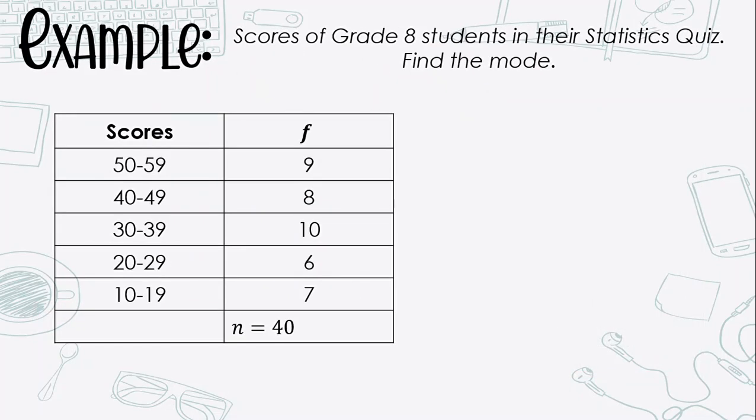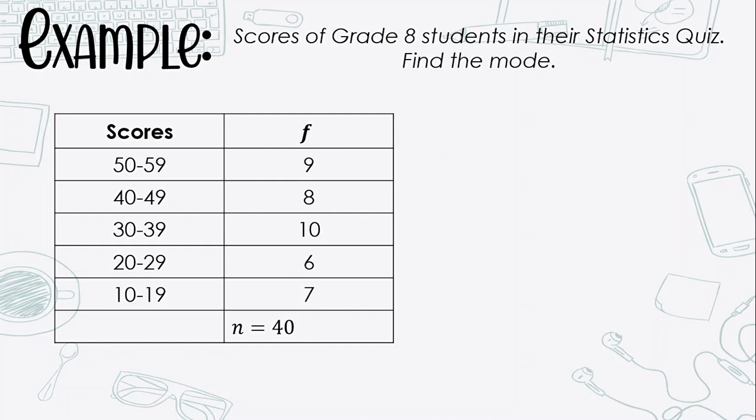So again, let's still use the same example. We still have the scores of graded students in their statistics quiz. This time we have to find the mode. Since mode is the most frequent value, we don't have to add any column. We just have to look at the frequency. Which class is the most frequent?